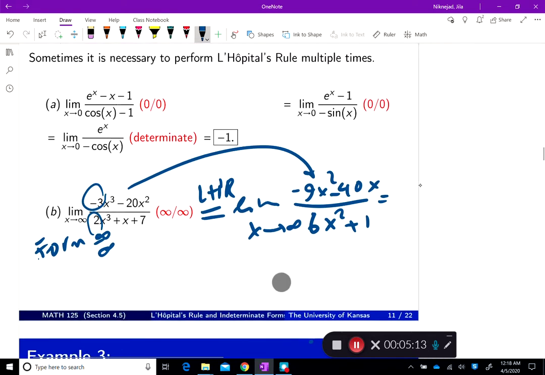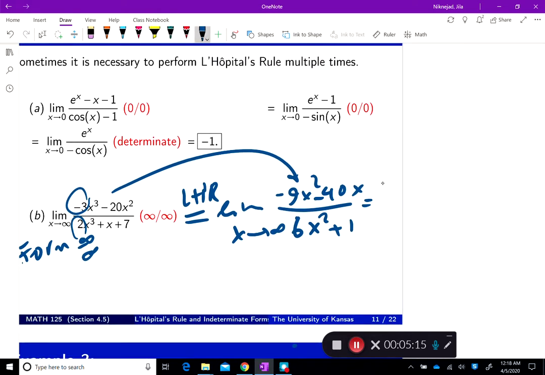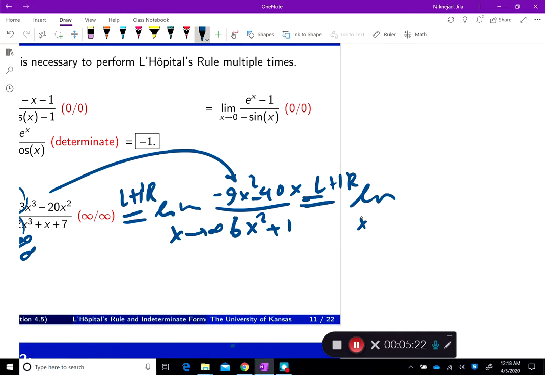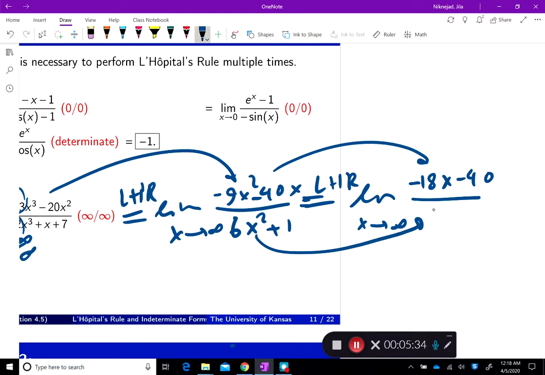This is again infinity over infinity, so I do another L'Hopital rule. This time I'm taking the derivative of the new one: the derivative of that one is negative 18x minus 40, and the derivative of this one is 12x, and again infinity over infinity.